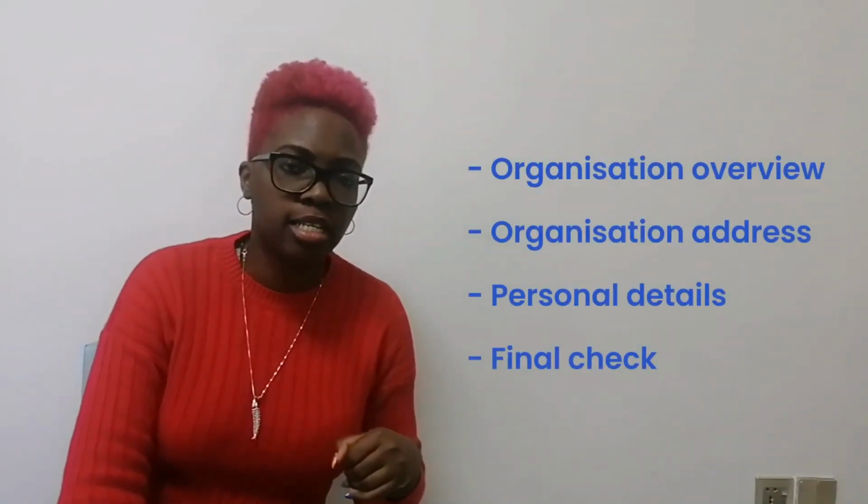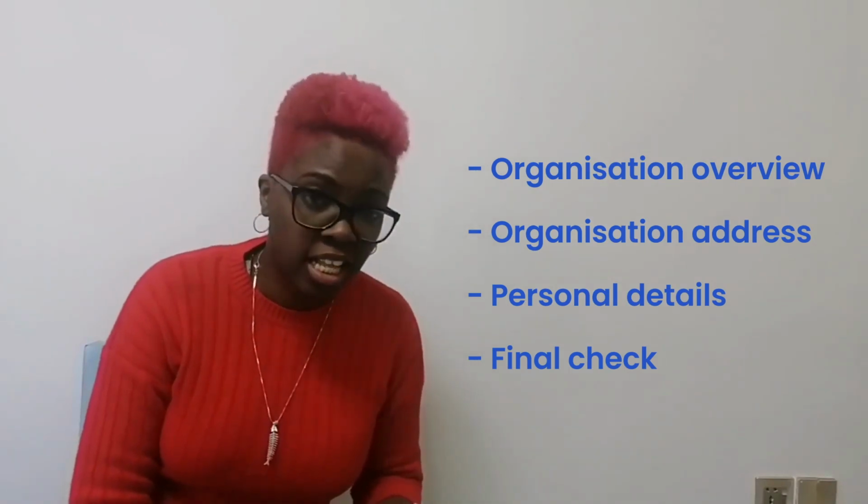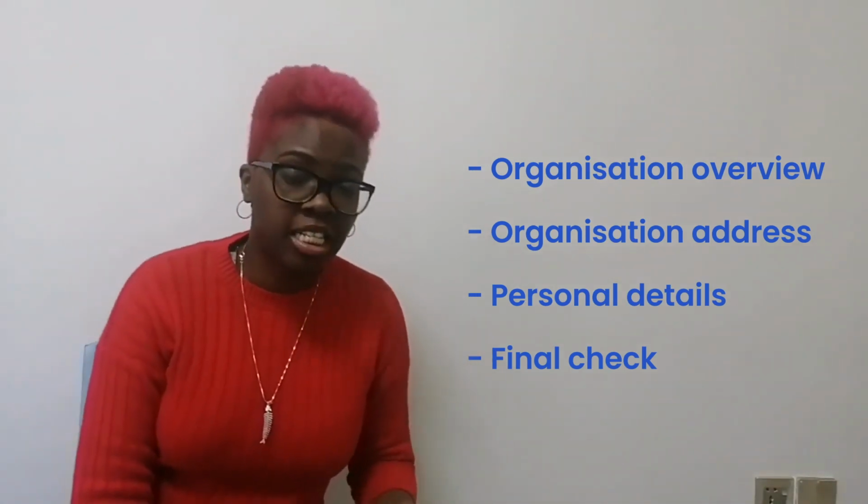From there, you'll be taken to a new page where you'll be able to add in the following details: your organization overview, organization details, personal details, and the final check. And this is where you need to be very meticulous. This is where you're putting in all the documents you collected.